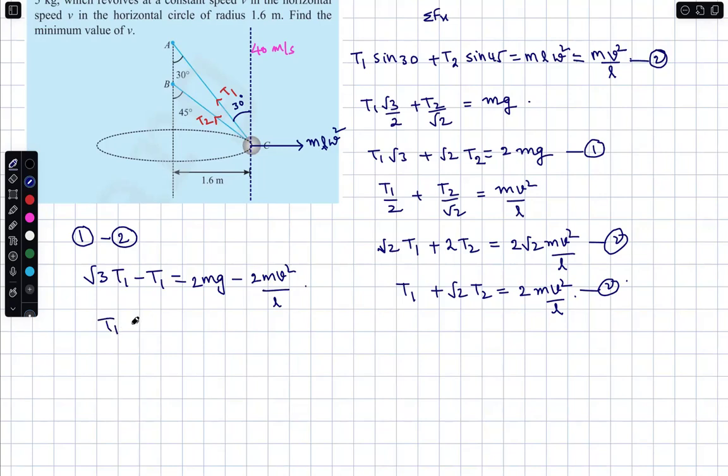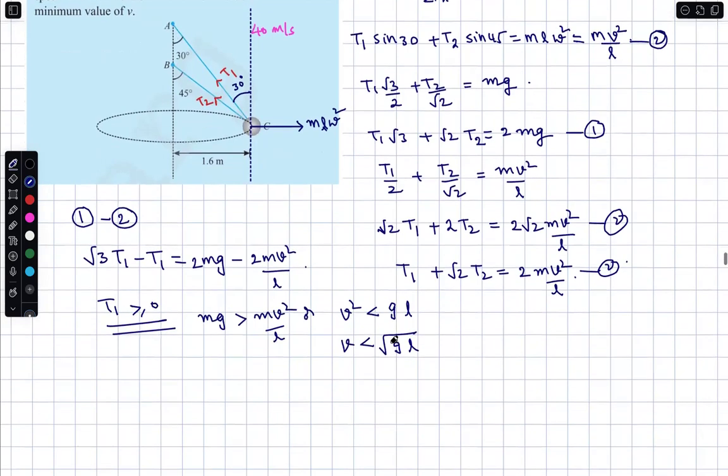So T1 must be greater than or equal to 0, because it can't be negative. For this to happen, obviously mg is greater than or equal to mv square by L, so v square is less than or equal to gL, or v less than root gL.